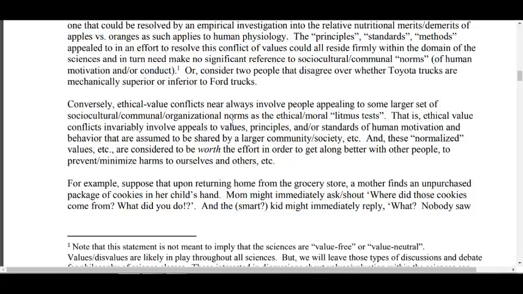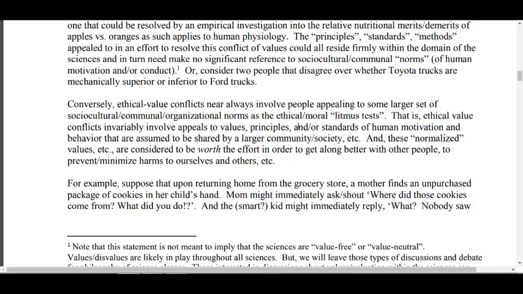These ethical value conflicts typically cannot be resolved by whipping out a tape measure or a microscope or whatever sensor measurement device you can imagine. They have to be resolved some other kind of way, and typically that's through appealing to various norms like sociocultural, communal, organizational. All three of these sorts of norms show up as these ethical litmus tests, like litmus tests for acidity, alkalinity, in science.